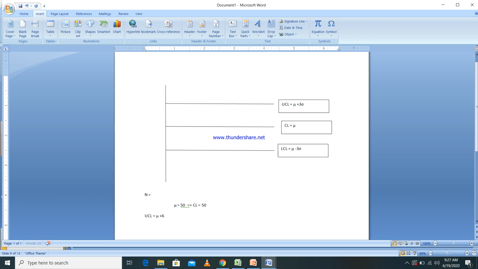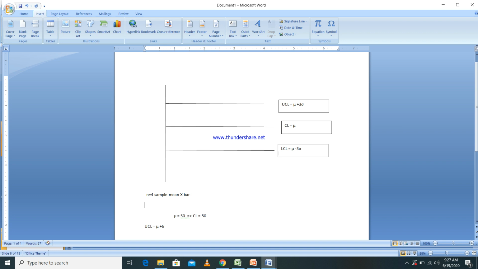Now here, first consider the case where the sample size is equal to 4, and here you have to calculate for the sample mean. That is very important. We know the sample mean is denoted by x bar.